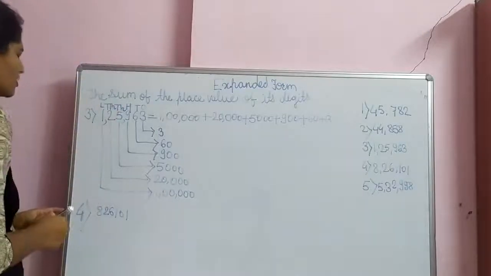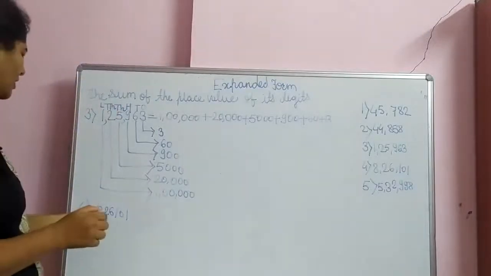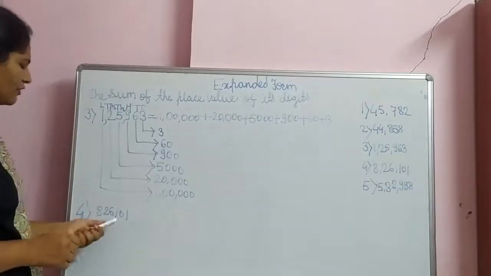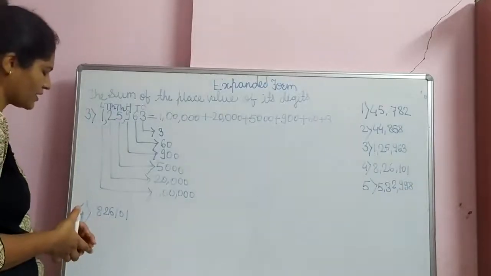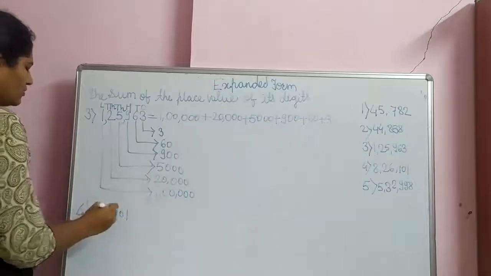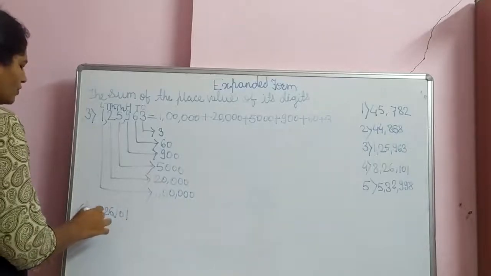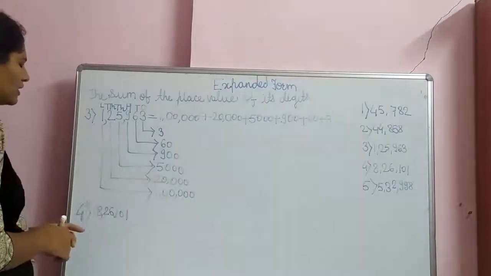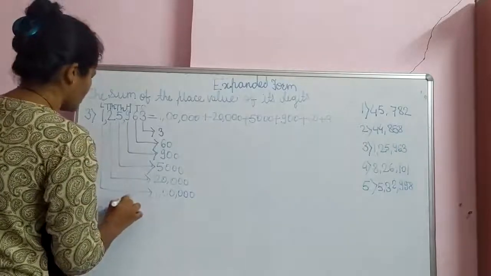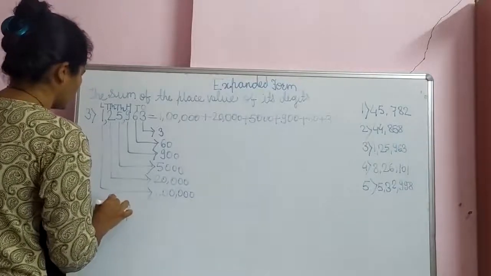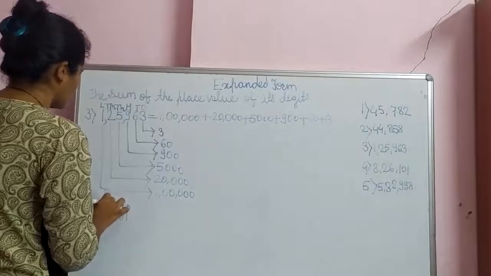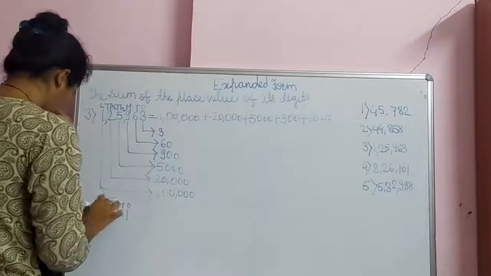Next number is 826,101. So firstly what do we have to do? We make a grouping. So start from the right side. How many places? 1, 2, 3. Give here a comma. Next 1, 2 and give here a comma. Now give places. Ones, tens, 100, 1,000, 10,000 and lakh.